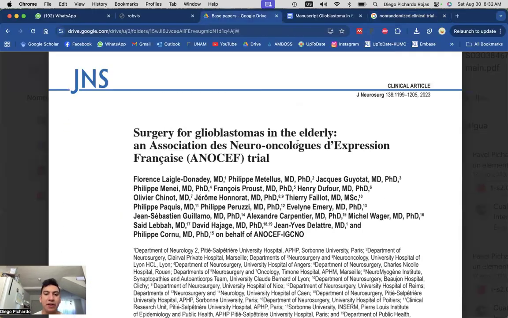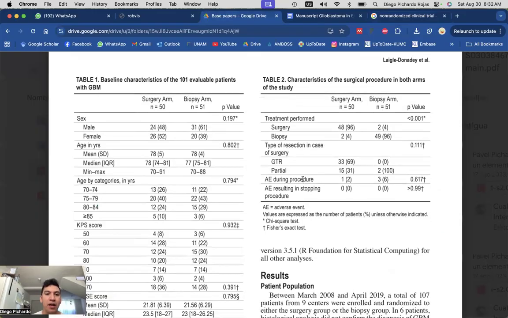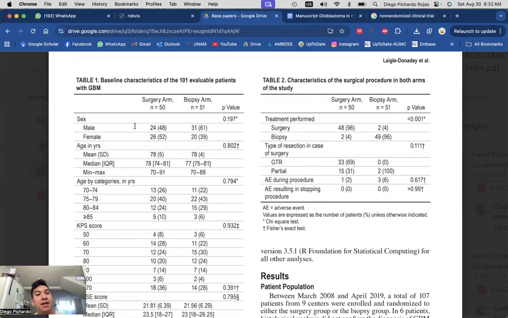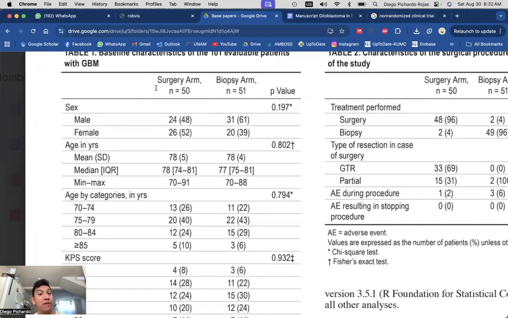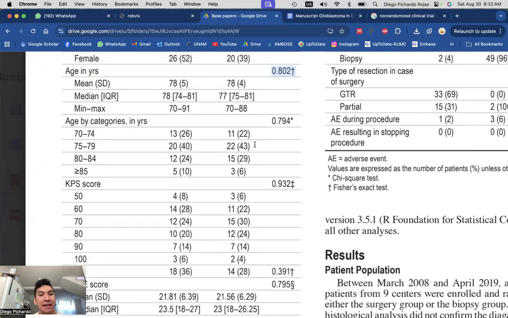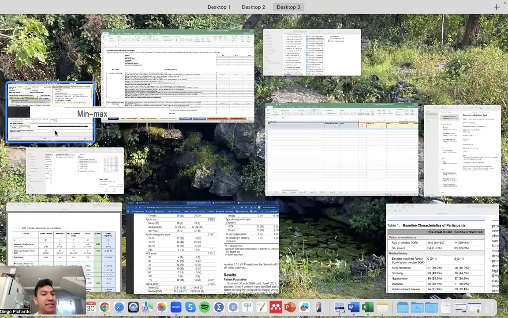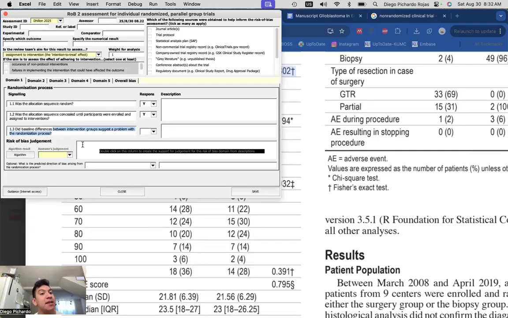Let's see the clinical trial. Look, in this study, we had the characteristics of the two arms, and you see that after dividing by sex, we have the p-value. After evaluating for age, we have the p-value. So this domain says, did the baseline characteristics suggest a problem with the randomization process, which basically means, did they do an analysis to evaluate for differences?